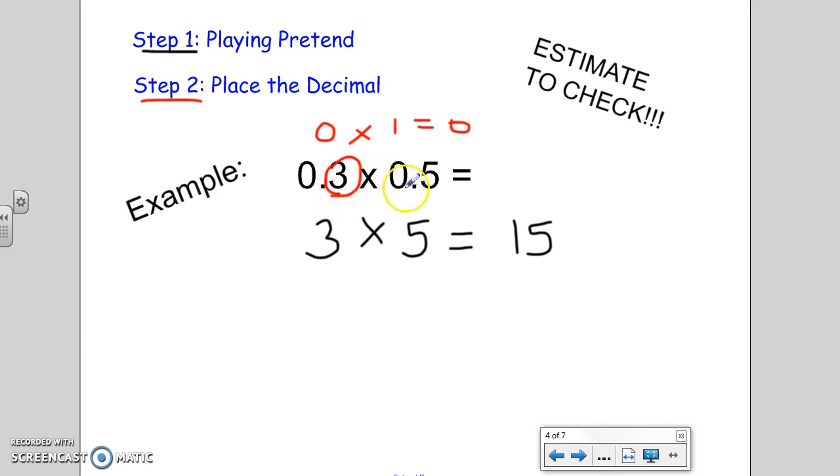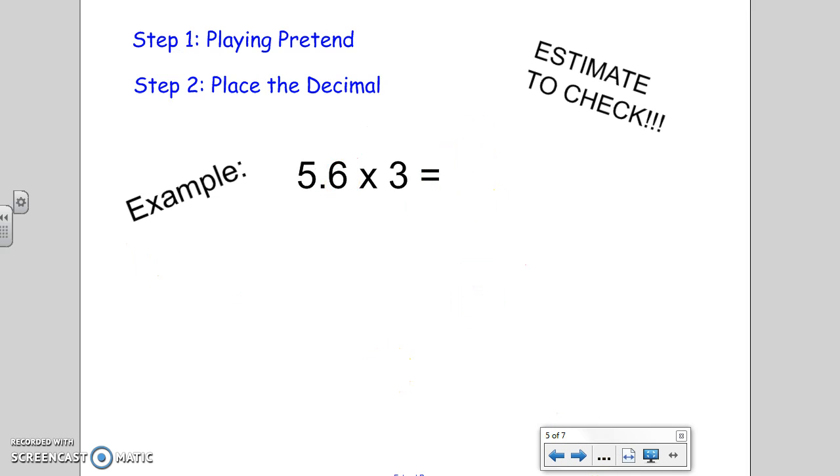So that would be 1 from that factor and 1 from that factor there. So we have a total of 2. So wherever I put my decimal point, I need to make sure there are 2 digits living in the decimal universe. If I put it here, we have a 1 and a 2 digits living in the decimal universe. I can assume here we have 0 as our whole number, and 0 is really close to 0.